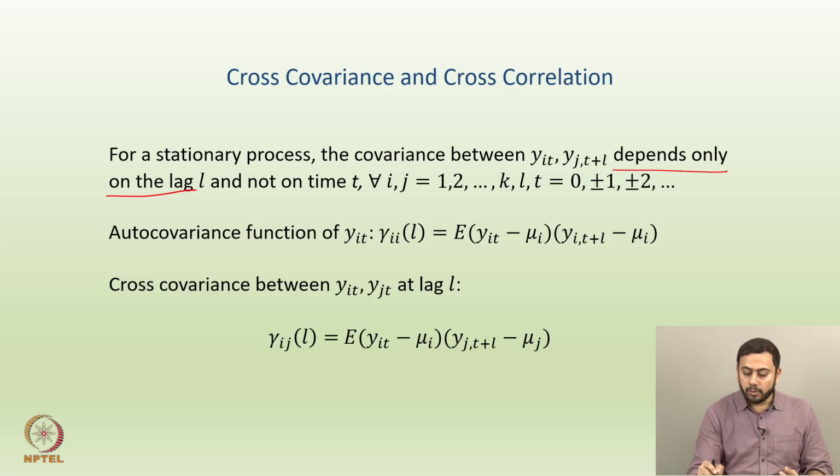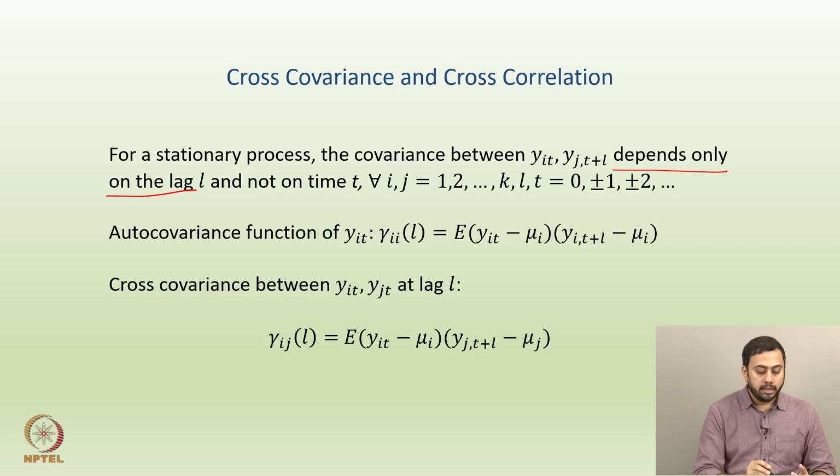If you look at these two entities, the lag is L, so yit and yj,t plus L, and in terms of time stamps, t and t plus L. If the covariance between these two depends only on L and not on t, and of course this should be true for all i, j, all l, t, etc., then we can say that the process is stationary.